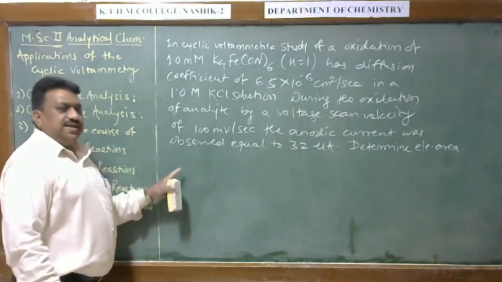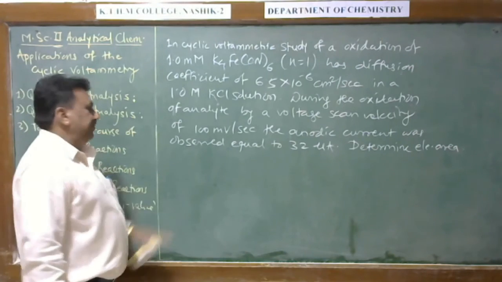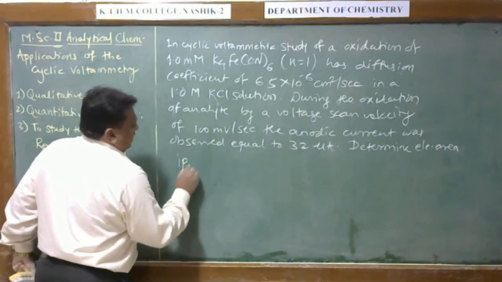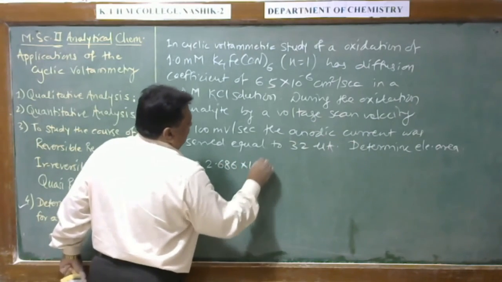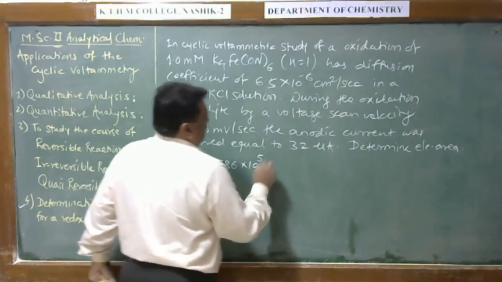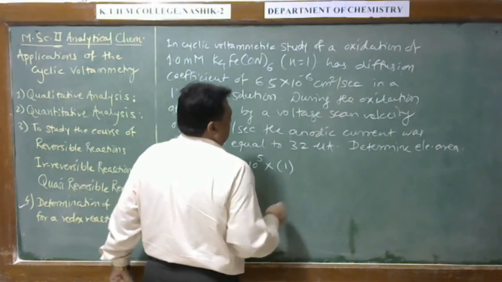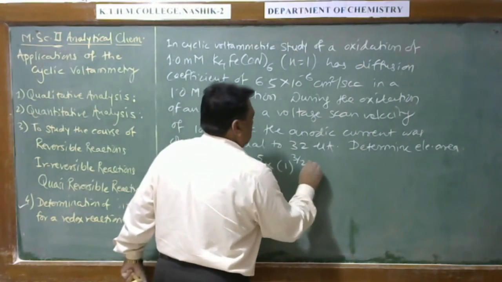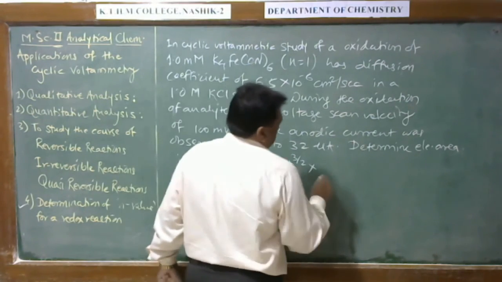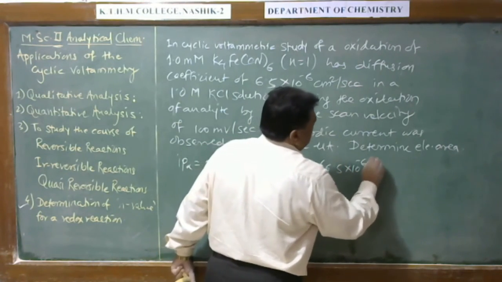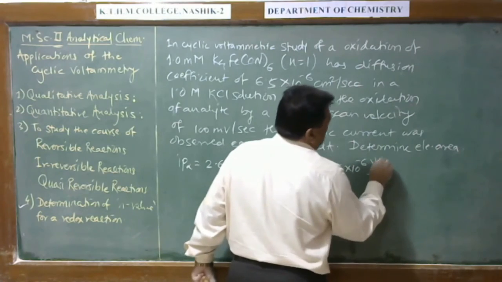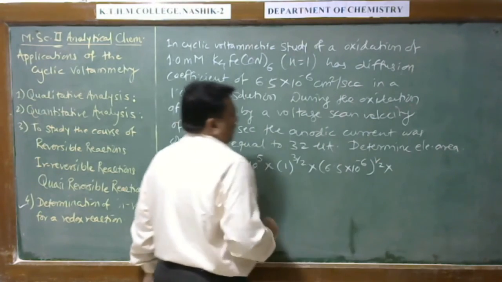Therefore, here in this case we have to use Randles-Sevcik equation, that is IPA is equal to 2.686 into 10 raised to 5 into N is 1 raised to 3 by 2 into D, that is 6.5 into 10 raised to minus 6 raised to half into mu.